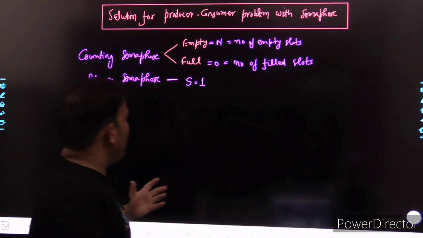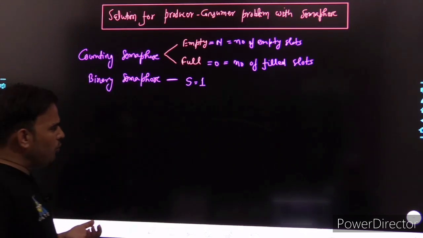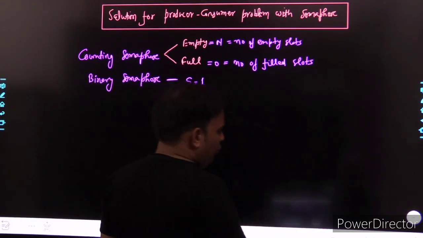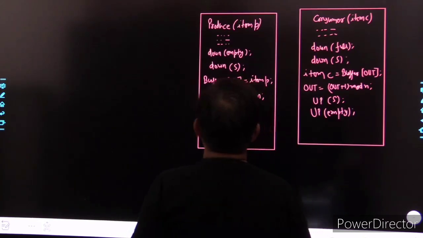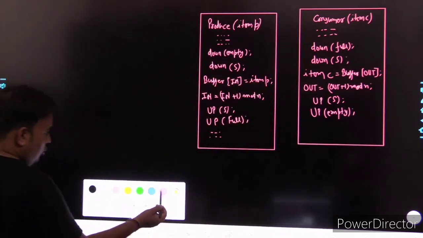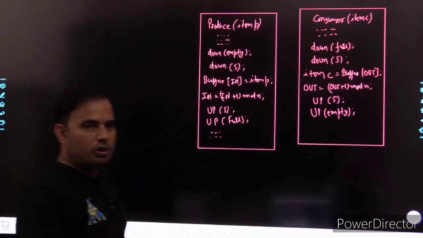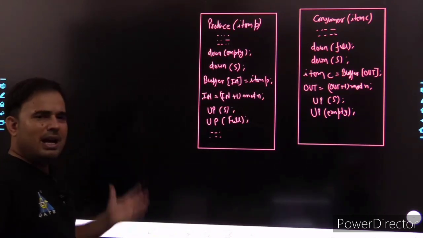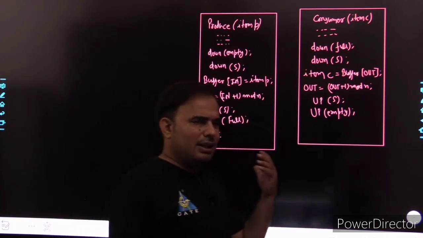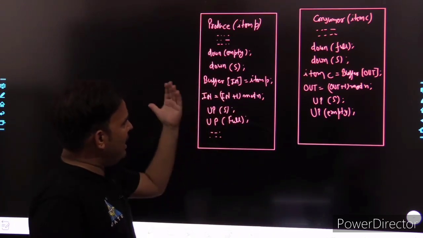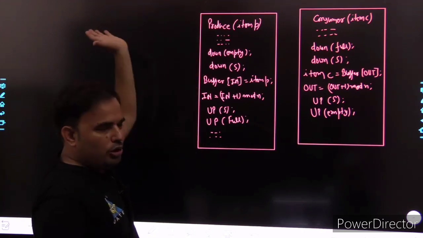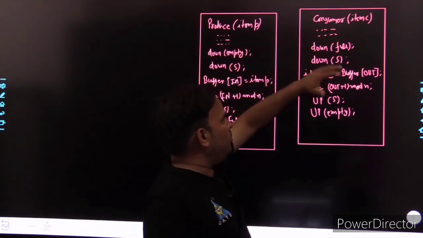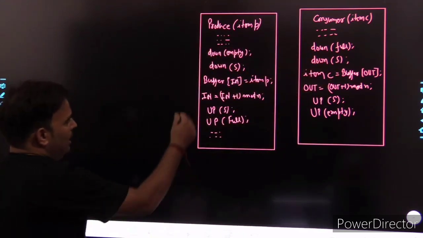Now I am going to execute the code, my dear friends. This is the code for the producer and consumer. As I have mentioned, the full producer code and full consumer code of the producer consumer problem are here, so we will execute this code.